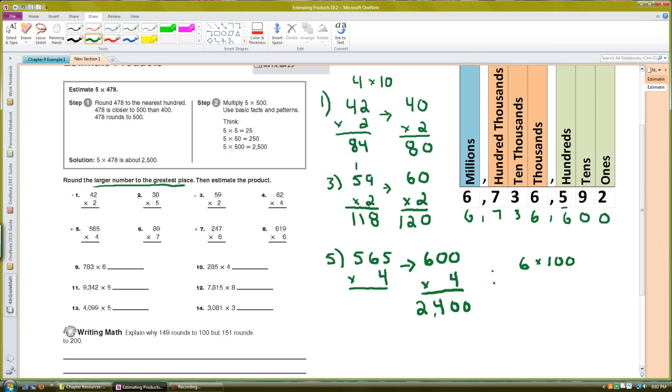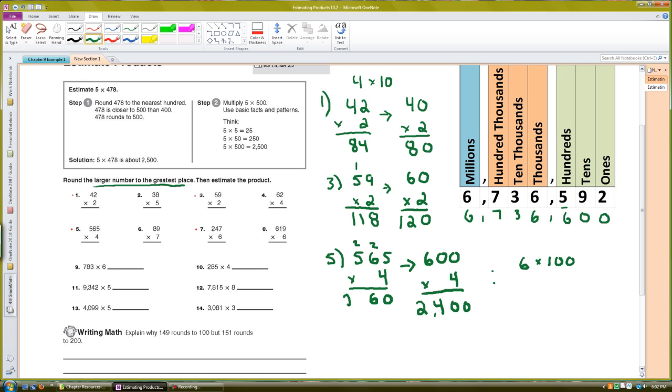And if we check this against what the original value was, we have 4 times 5 is 20, carry 2. 4 times 6 is 24, plus 2 is 26. Carry 2. And 4 times 5 is 20 plus 2.